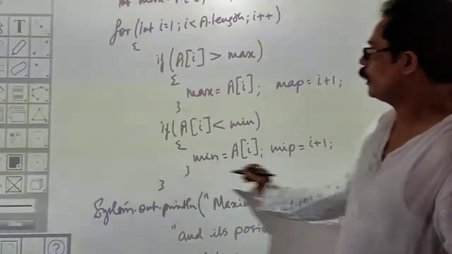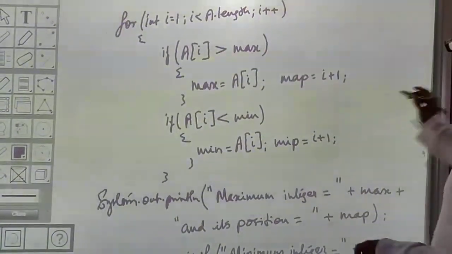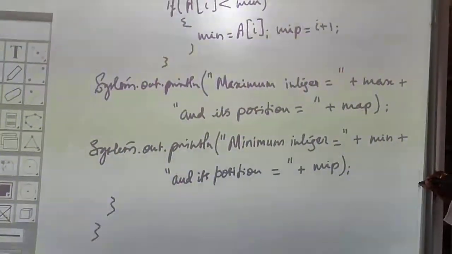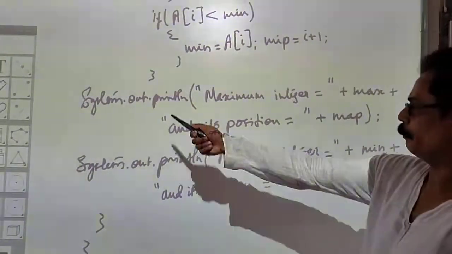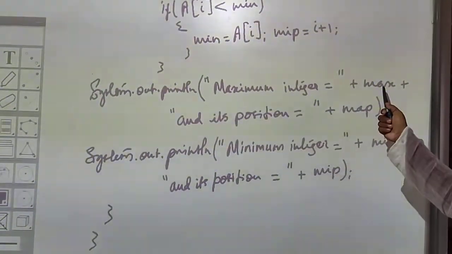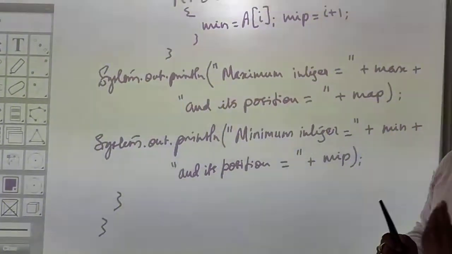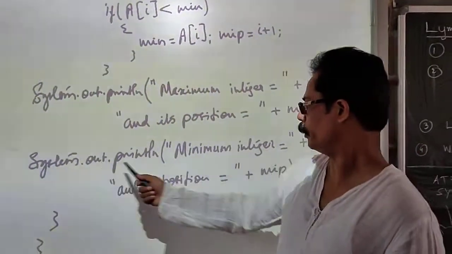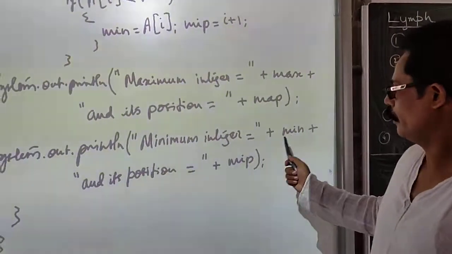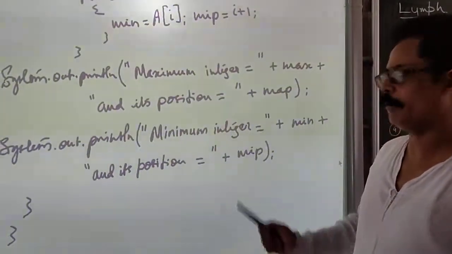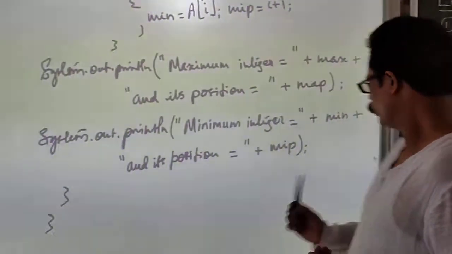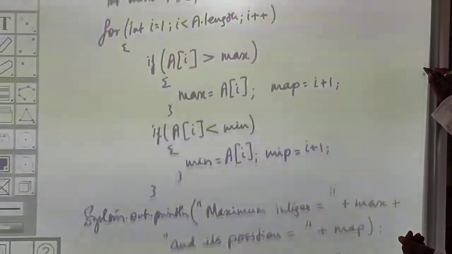This process will continue till the end of the array, and once it is over, print maximum integer equals max, and its position is MAP, the maximum position, as well as the minimum integer equals min and its position equals MIP. So this is the example we have over here.